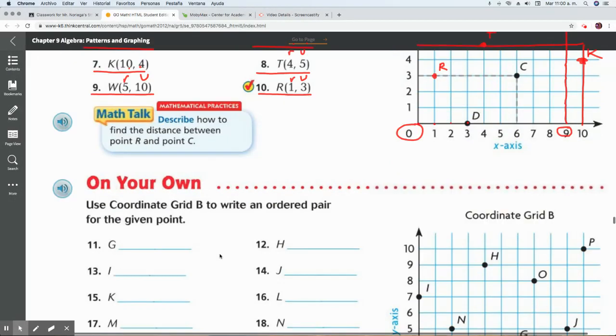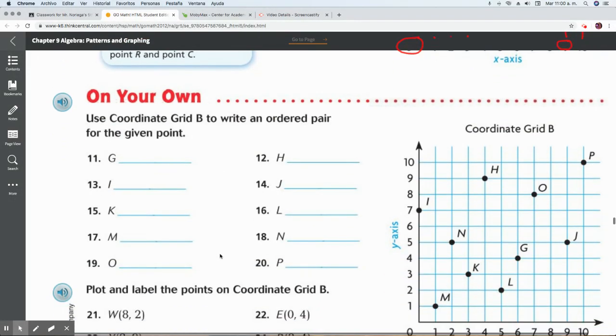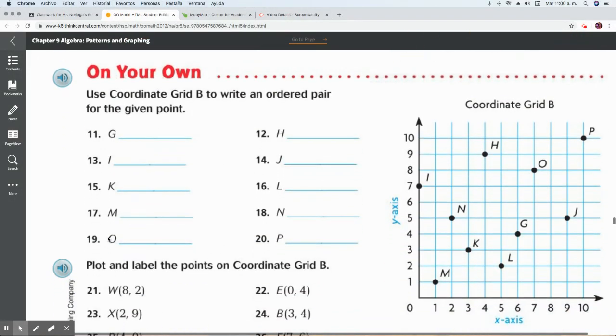On your own, use the coordinate grid B to write an ordered pair for the given point. Okay, so we're going to find where G is. G is right here. Again, we need a parenthesis, a comma, and a parenthesis to separate the numbers.